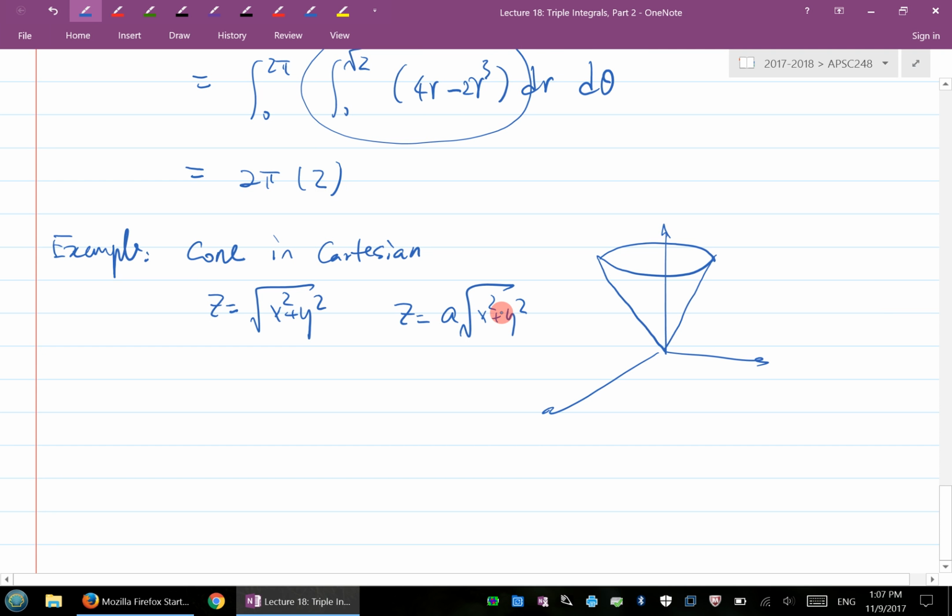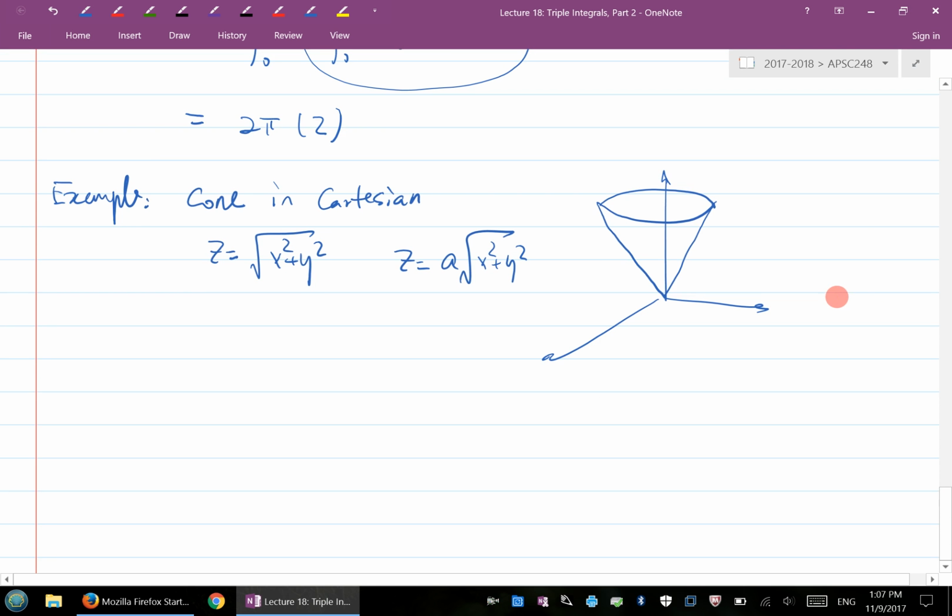So a cone could be this, and it could be this. It's different, but when you buy ice cream, you want it to be this, right? And that number a determines the slant angle of the cone.